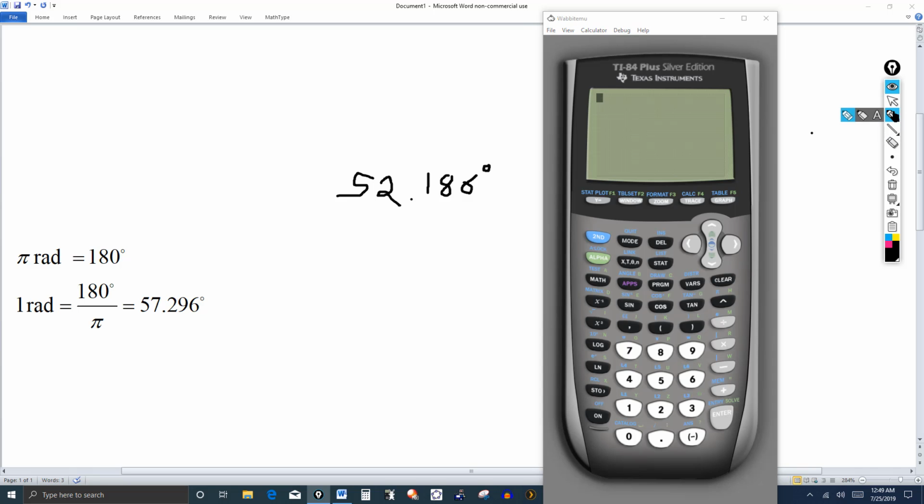So this gives you a way to convert from radians to degrees, or degrees to radians, because you can also divide by 180. Then this becomes 1, and I'll leave the degree there. So 1 degree is equal to pi, understood to be radians, divided by 180.